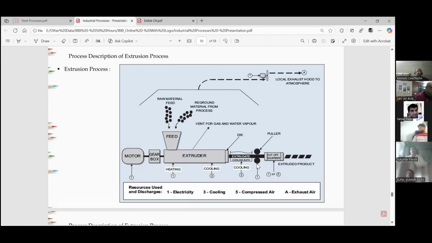Okay. So it is a puller which extracts the pipe from the extrusion machine, and whenever the required length of the pipe is reached, it is cut using the cutoff equipment. So this is how, from plastic raw material or plastic granules, we extract the pipe using the extrusion process.